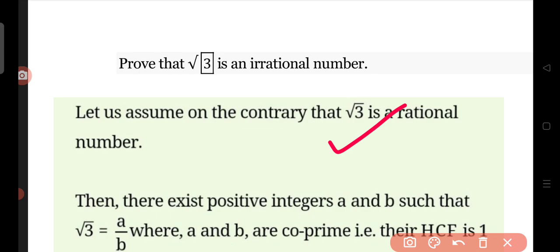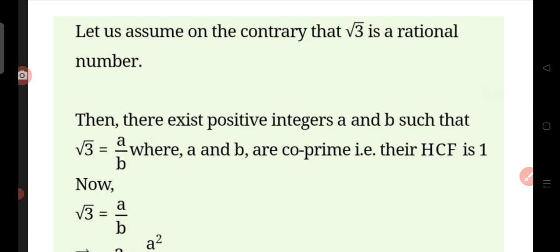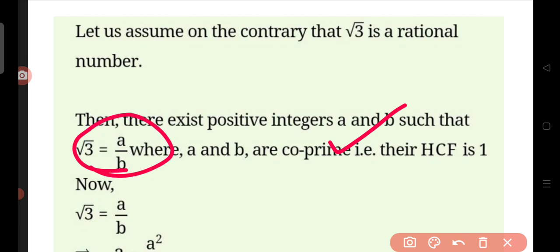Then there exist positive integers a and b such that root 3 is equal to a by b. Why?